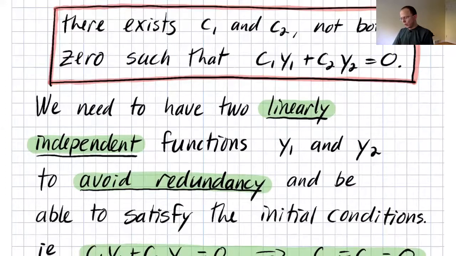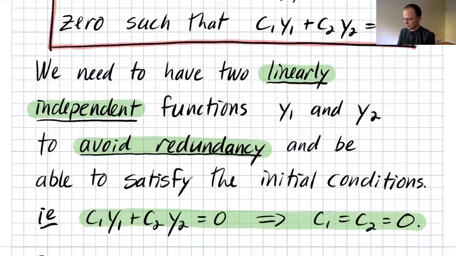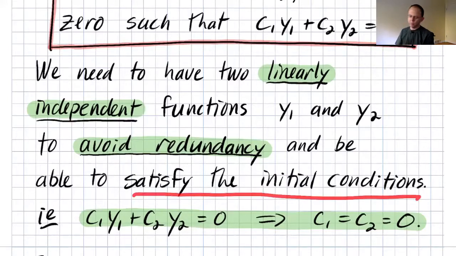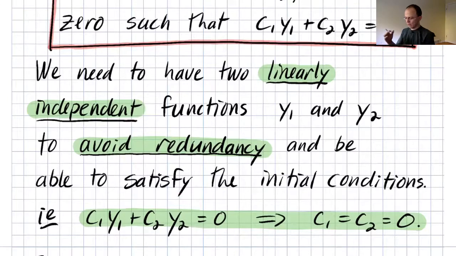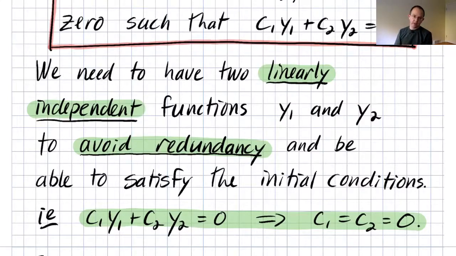In order for us to be able to satisfy the initial conditions, the property that we need is to avoid this redundancy, and that property is called linearly independent. So we need to have 2 linearly independent functions, y1 and y2, to avoid redundancy and satisfy the initial conditions.